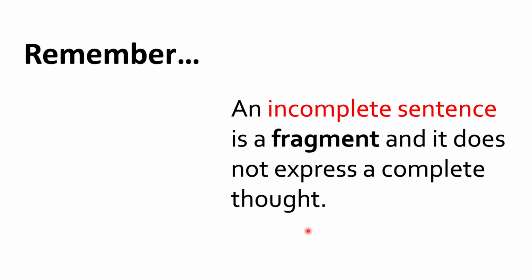Alright, remember guys that an incomplete sentence is a fragment and it does not express a complete thought. So, if we construct a sentence, our purpose is to express a complete idea, and therefore, there should be the presence of the complete parts, the subject and the predicate, so that we really communicate the complete idea.